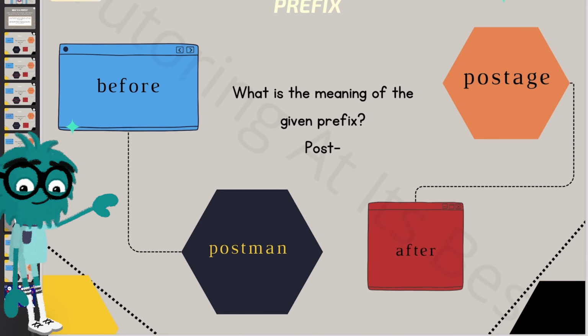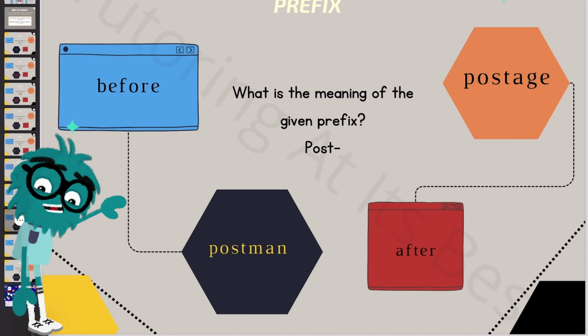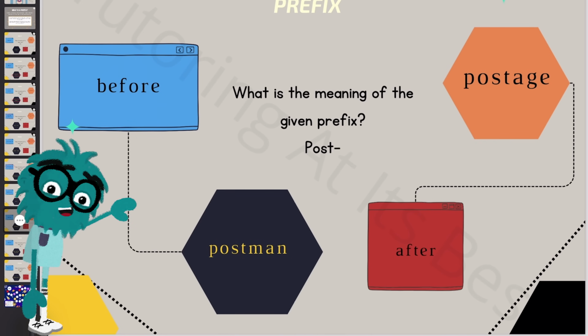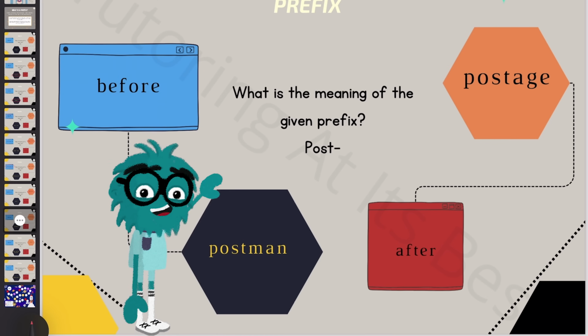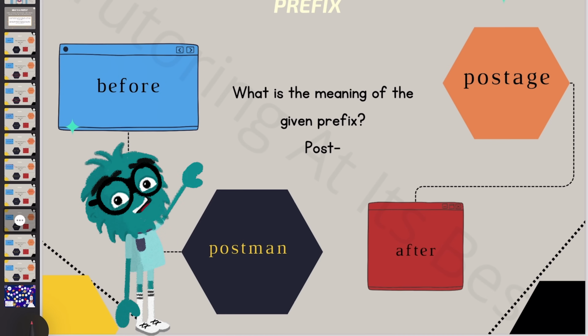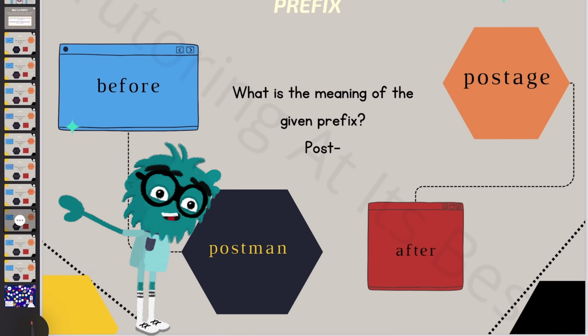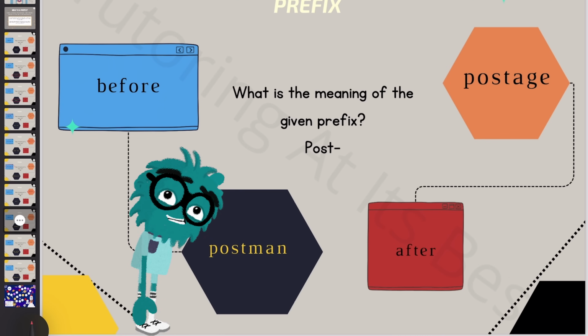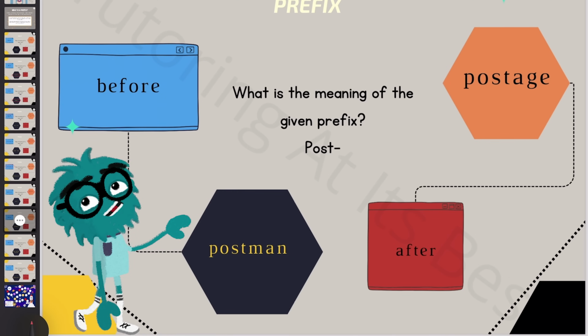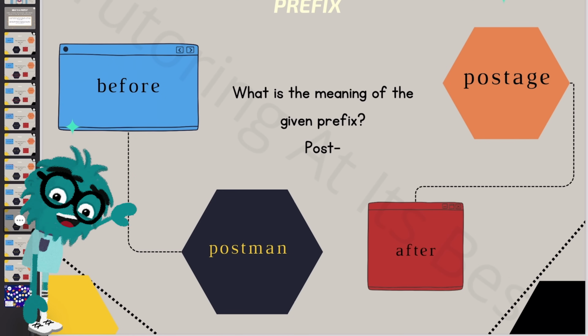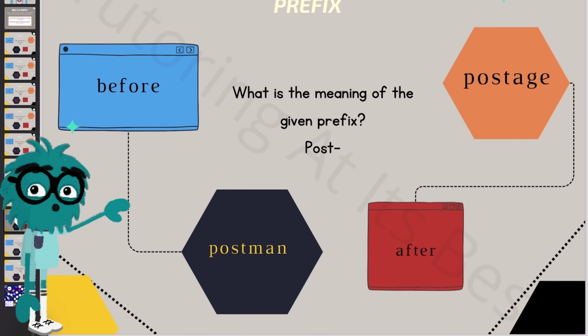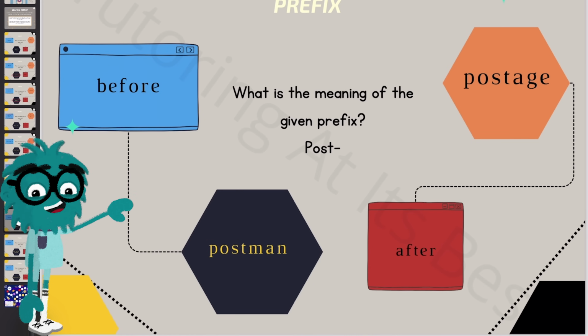Okay, next question. Post. So post means after. So again, we could have something as postdate or post meridiem, which stands for PM when you look at your time. So again, this means after.